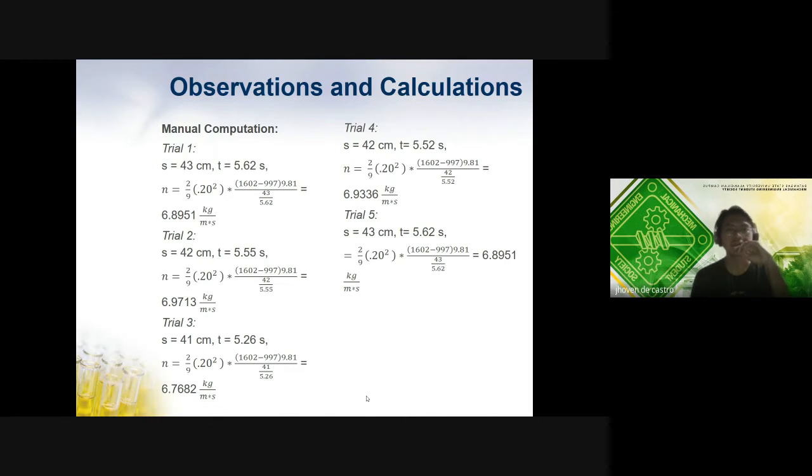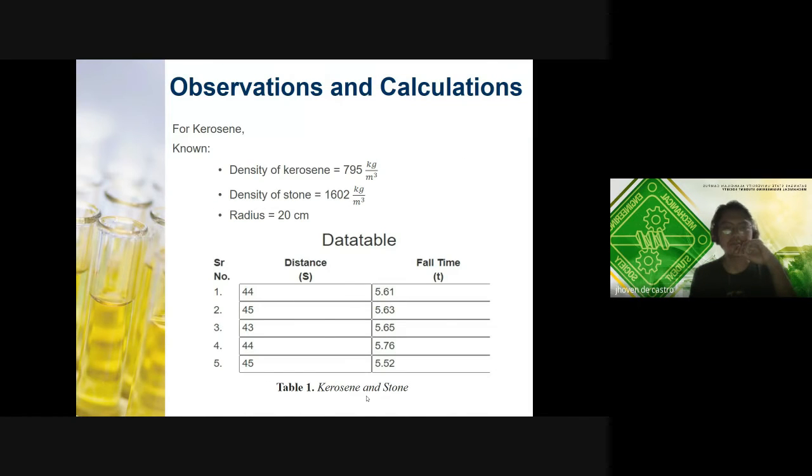For the manual computation, for trials 1 to 5, we use the formula from the theory: 2 over 9 times the radius given, which is 20 cm, times the density of the stone minus the density of the water times gravitational acceleration, all over the distance over the fall time. The next one is for the kerosene.